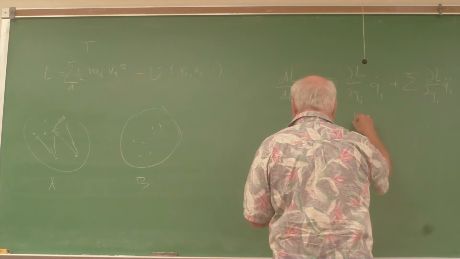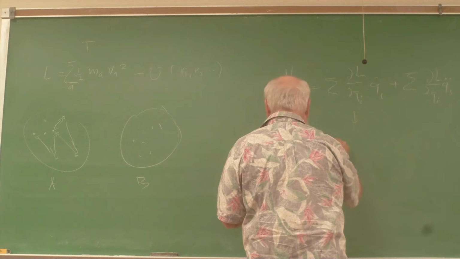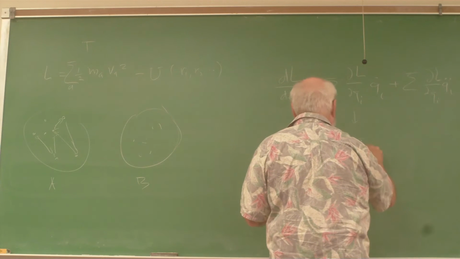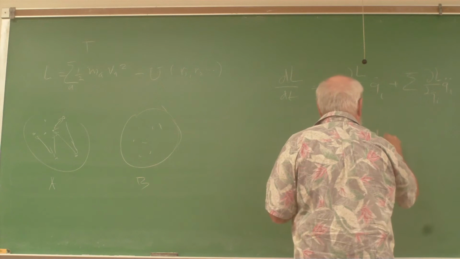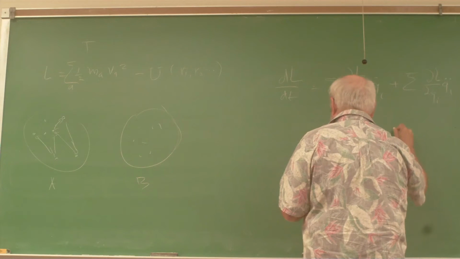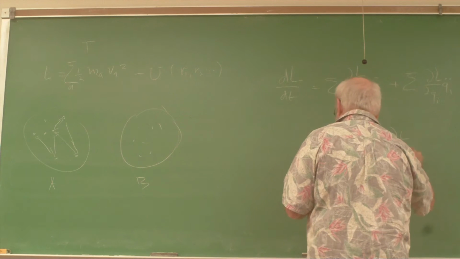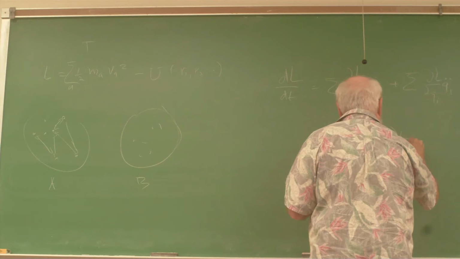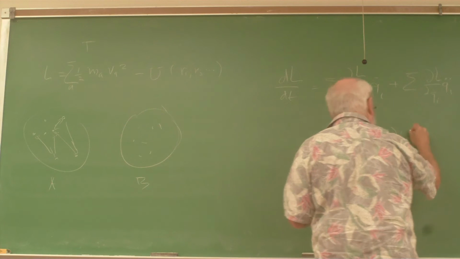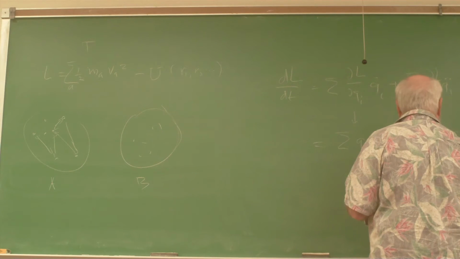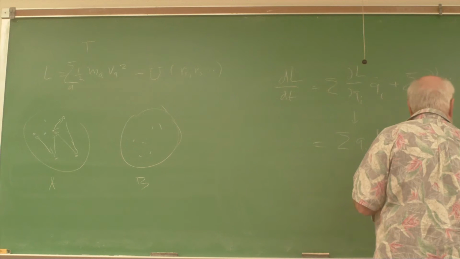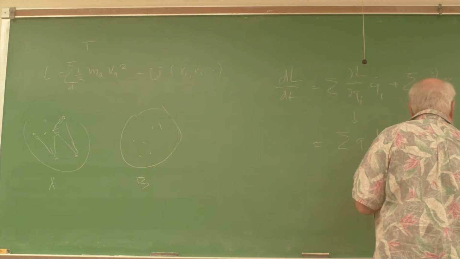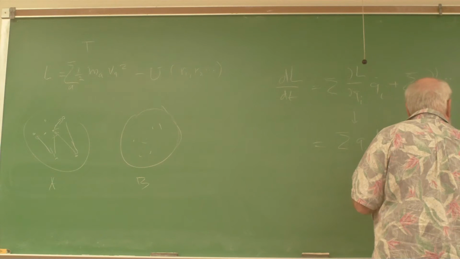So this can then go to the sum of qi dot d/dt of ∂L/∂qi dot, plus the sum of ∂L/∂qi dot times qi double dot.